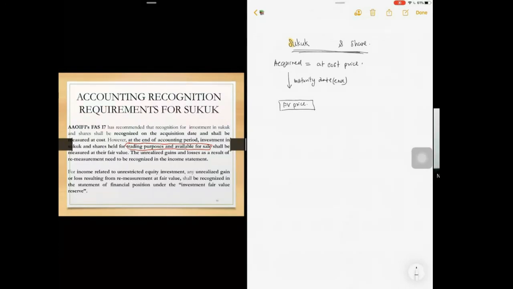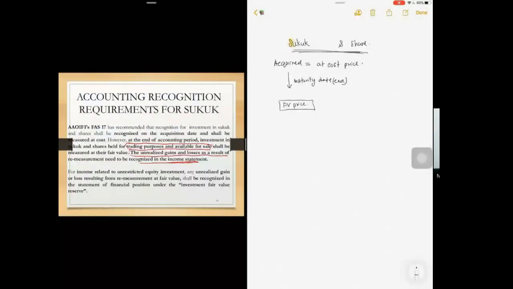Okay. And then dia kata unrealized gain and losses as a result of remeasurement need to be recognized in the income statement. Maksudnya kalau aset yang tadi tak terjual, kita as the investor kita tak tahu pun whether that asset terjual ataupun tak. Kita hanya dapat dividen ke tak.